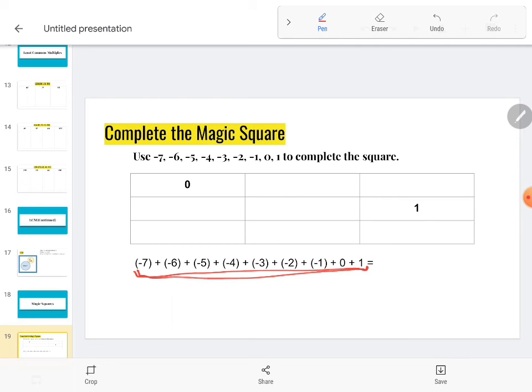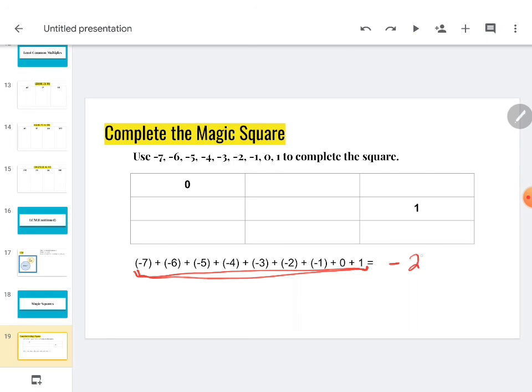So we'll do -7 plus -6 plus -5 plus -4 plus -3 plus -2 plus -1 plus 0 plus 1, which is going to be -27, and that's our total number overall.